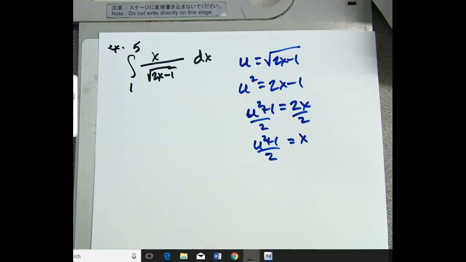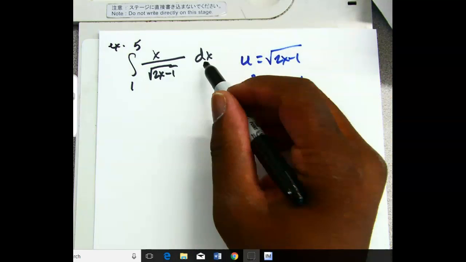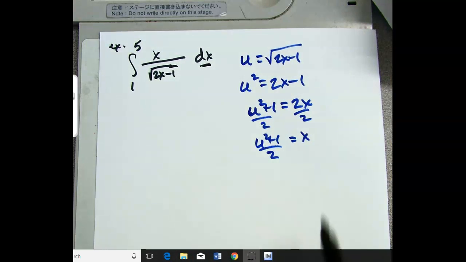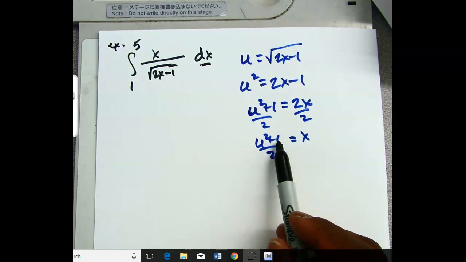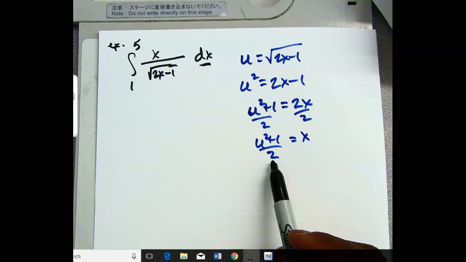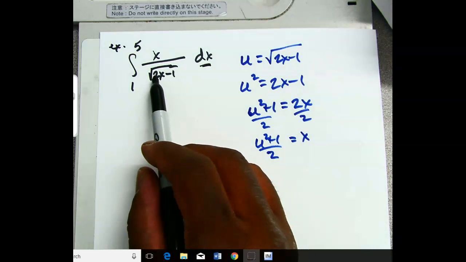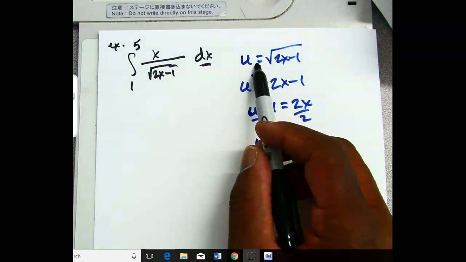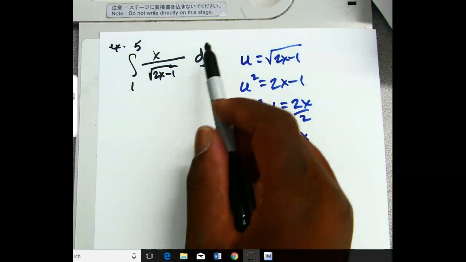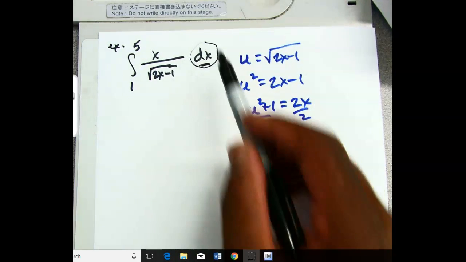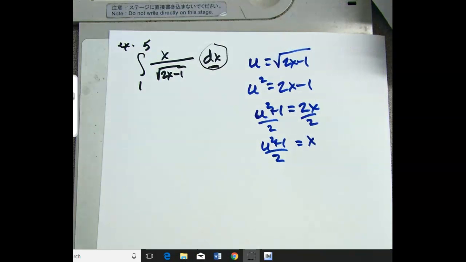So we still need to replace dx, right? But this x I can replace with u squared plus 1 over 2. Everyone agree? Okay. This square root of 2x minus 1 we can replace with u. So right now, we need to rewrite that dx in terms of du.